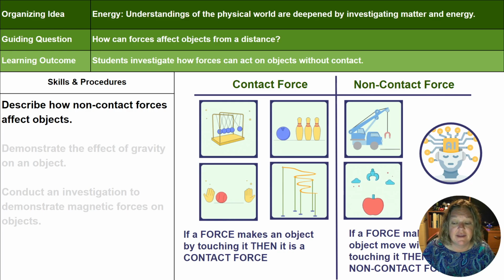Working on if-then statements is a great way to develop the skill of algorithm design. It's also giving them the skill of conditional statements, which will come into play when they are asked to do actual block coding programs within their computer sciences. So that's how algorithmic thinking, computational thinking can connect into this.